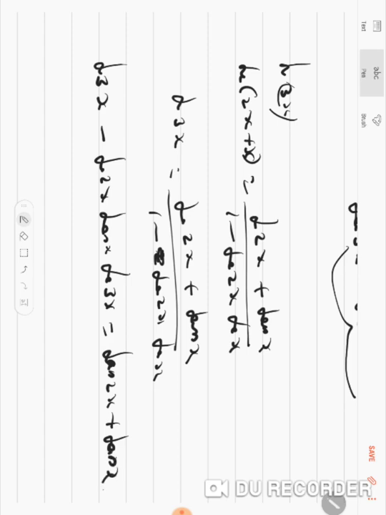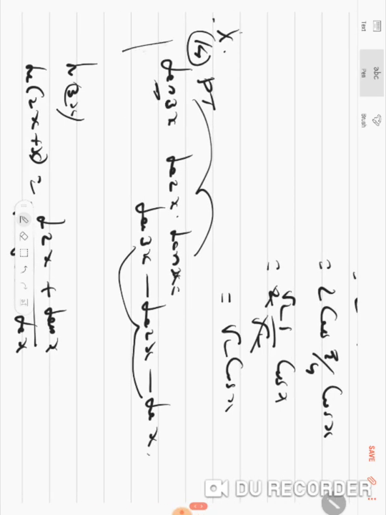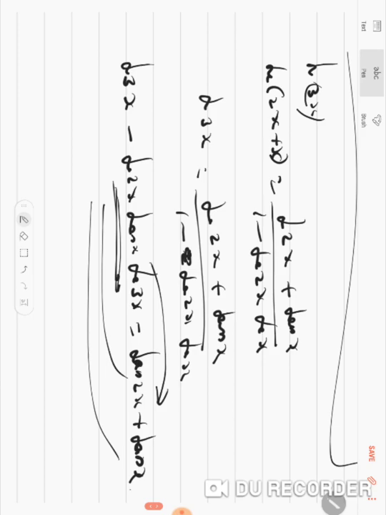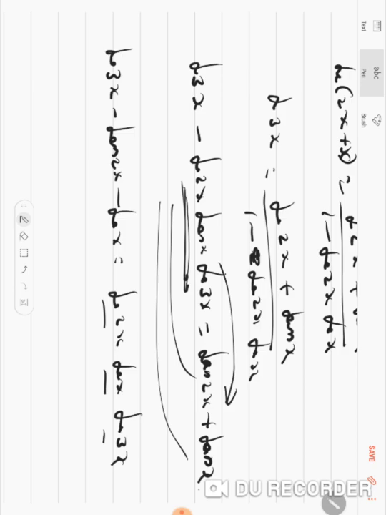Now just see all these multiplications: take it to one side and bring this to the other side. You will automatically get what you need to prove. So tan 3x minus tan 2x minus tan x is equal to tan 2x tan x tan 3x. Thus the multiplications of tans can be converted into additions and subtractions.